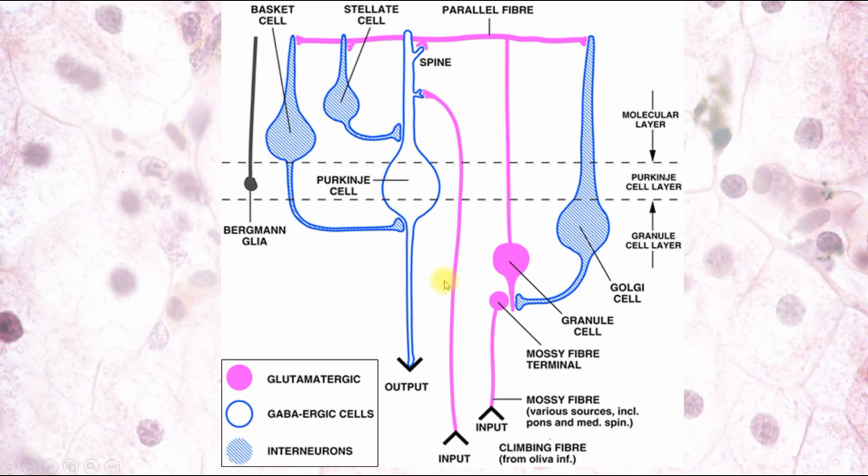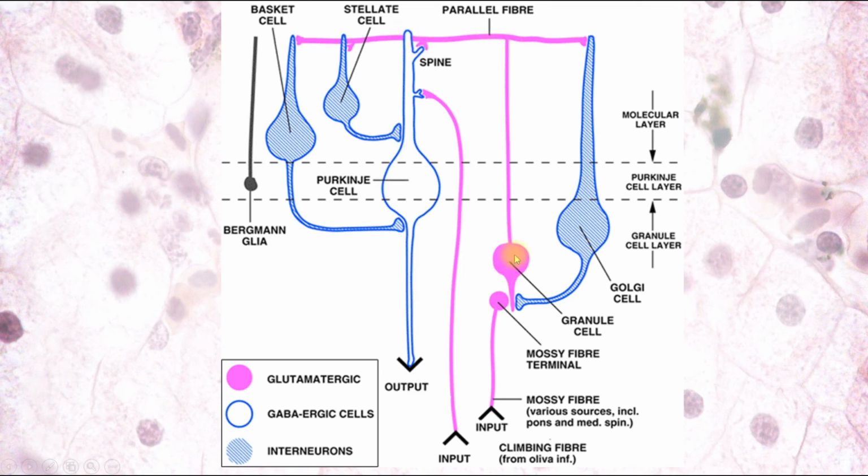And another input of the information is the mossy fiber. It conducts information to the interneuron, the granule cell, which sends this information to the molecular layer. It's the T-like branching of the axon of the granule cell, and dendrites of the Purkinje cell receive information from this cell.